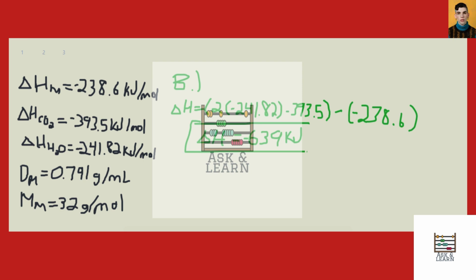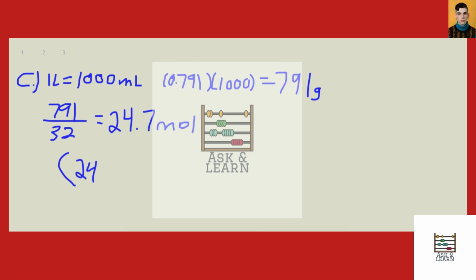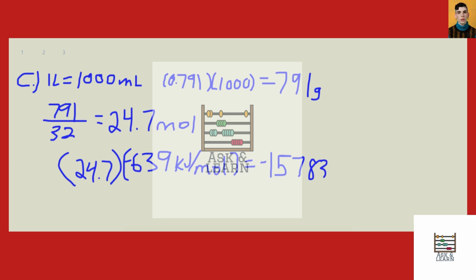So 24.7 moles times 639 is equal to negative 15,783 kilojoules.